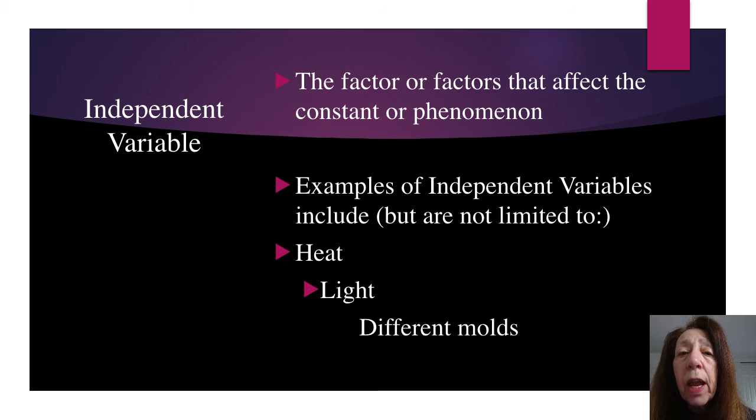And they will affect your dependent variable. So when you put other things into the original, your factors will change. And that's what you're testing for. What is consistent? What makes things change? You have your dependent variable and your independent variable.